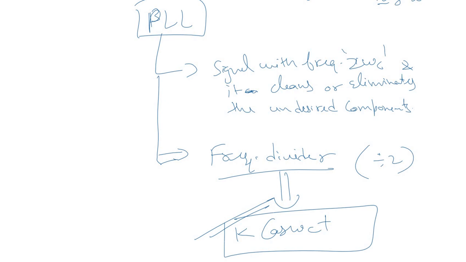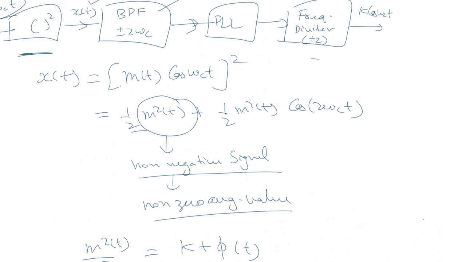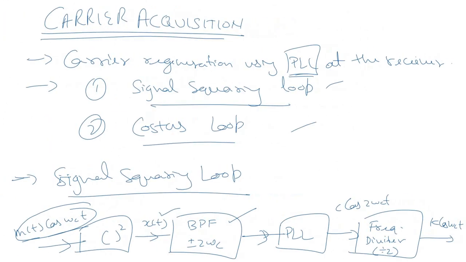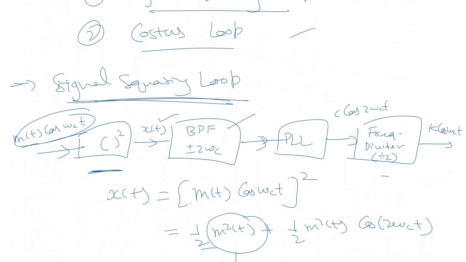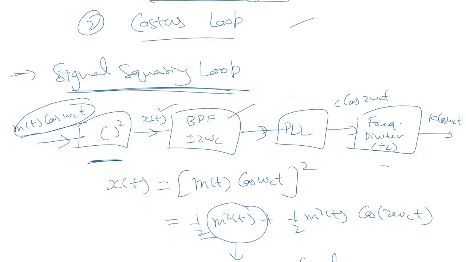So this is how we make use of the signal squaring loop method to regenerate back your carrier signal. So this is your first type of carrier acquisition method, signal squaring loop, which makes use of PLL to regenerate back your carrier signal.